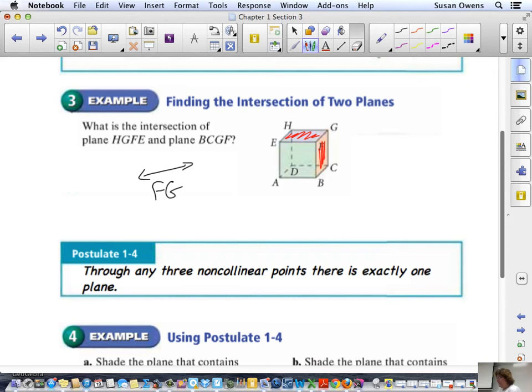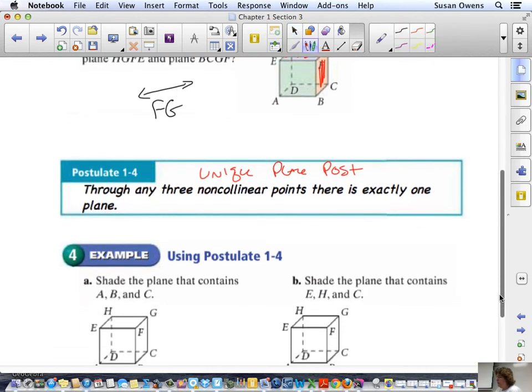Next postulate: through any three non-collinear points, there is exactly one plane. This is the unique plane postulate. Notice the word non-collinear. If I say through any 3 points there's exactly one plane, that's not true.